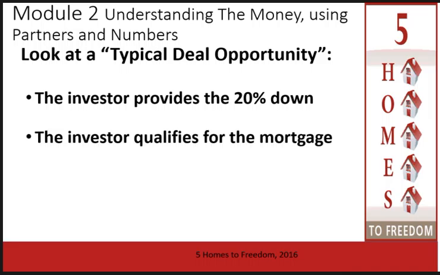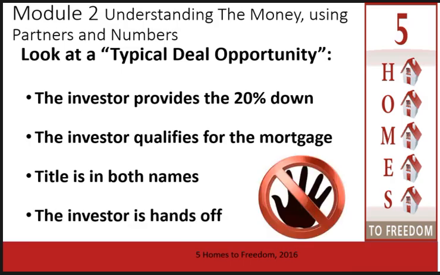The investor is also going to qualify for the mortgage along with you. So the title, therefore, is going to be in both your names. However, you want to make sure that you're controlling the deal, you're in charge of the deal, so you want the investor to be hands-off. You just want your investor to provide you the money and potentially some credit for the qualifying of the mortgage itself. So that's the scenario.